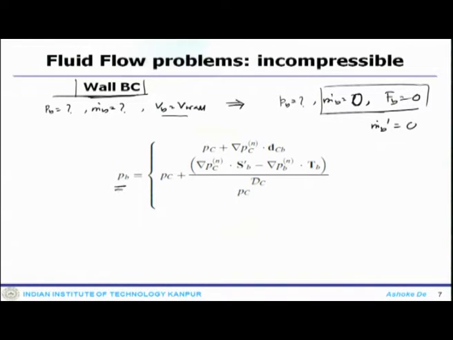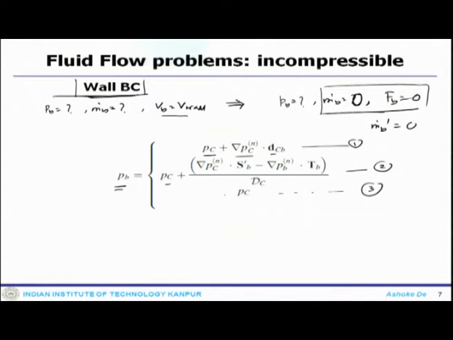So, Pb can be calculated as the interior cell Pc plus delta Pc from the previous iteration dot the distance. This is one approach. Second approach, one can use Pc plus delta Pc from the previous iteration dot Sb prime, which we have also seen. Or third, some lower order extrapolation could be done which will just assign Pb to be Pc.